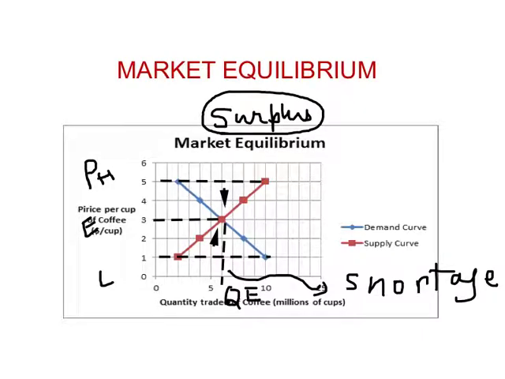So when the market is not in equilibrium, if the price is higher than equilibrium, chances are prices will fall, and as they fall, we'll eventually hit equilibrium point. And if the prices are too low, we'll have a shortage, and when we have a shortage, there will be a tendency for prices to increase. And as they increase, demand falls and supply increases.